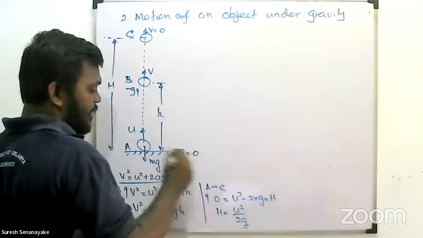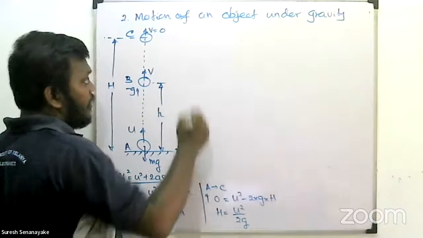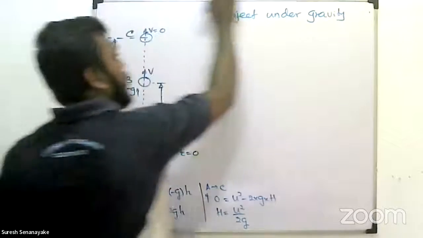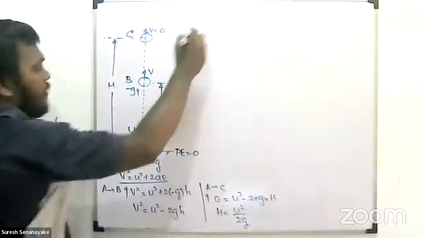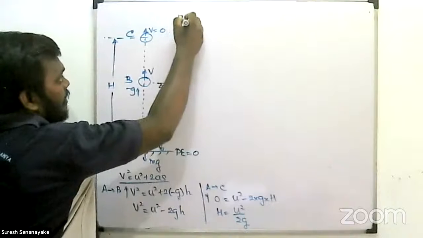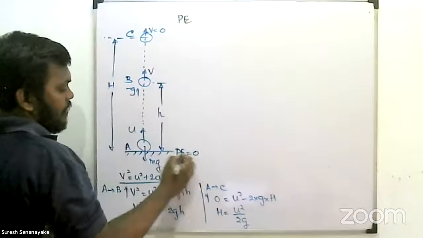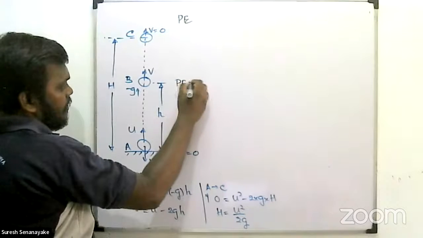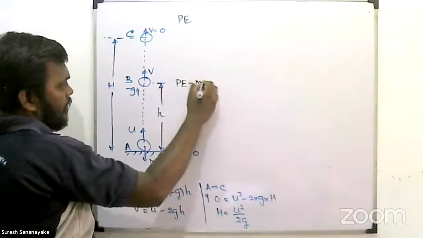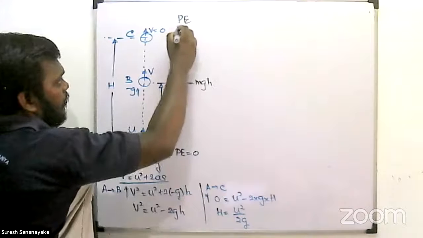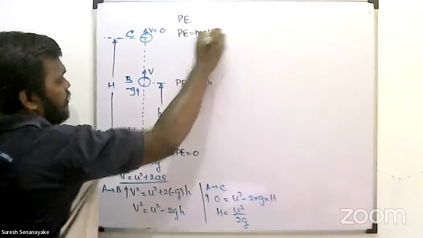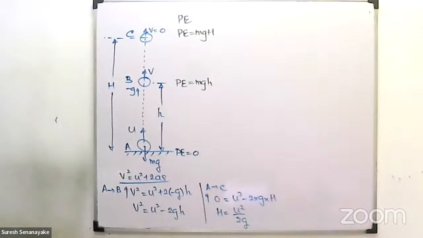The potential energy at this position is 0, since this level is taken as the reference. At B the potential energy is mgh, and at the top the potential energy is mgH.